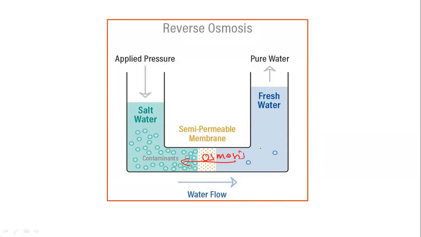This is the osmosis process. Now, to stop the osmosis process, we have to apply pressure onto the solution side, so the flow of the solvent will be stopped.